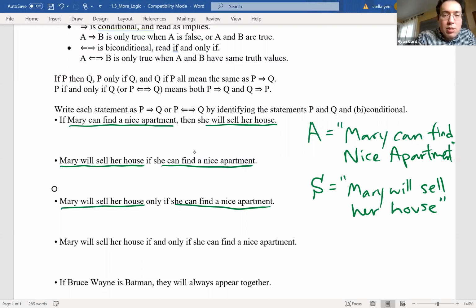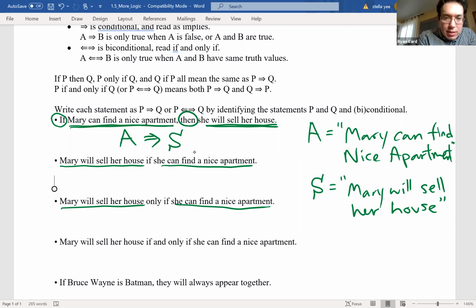Okay, so this sentence is in if-then format. So the first part is pointing towards the second part. So here, if she can find a nice apartment, then Mary will sell her house.